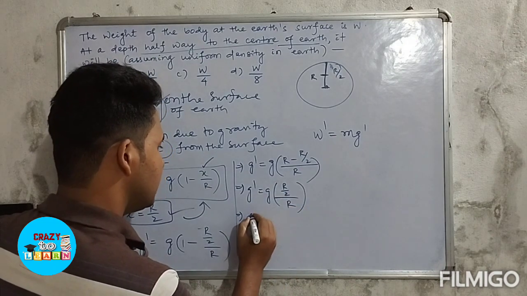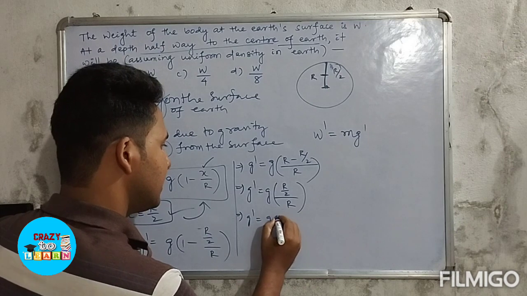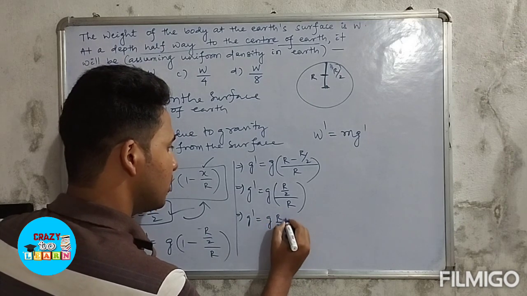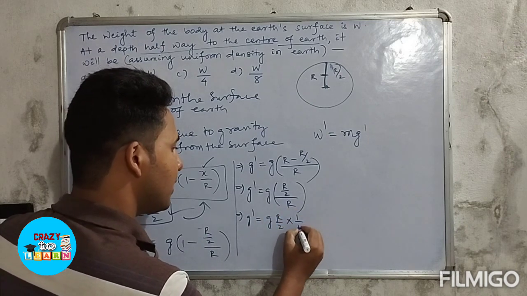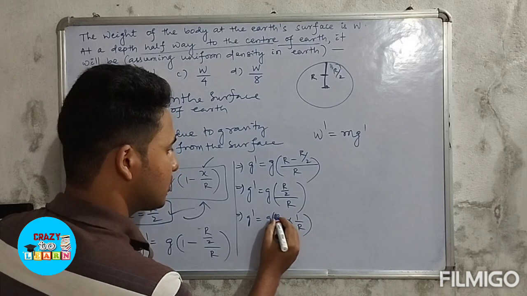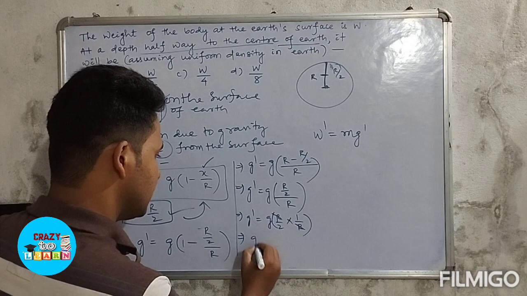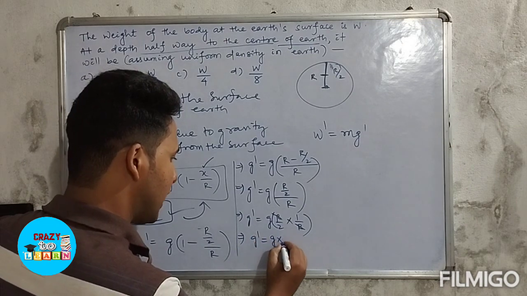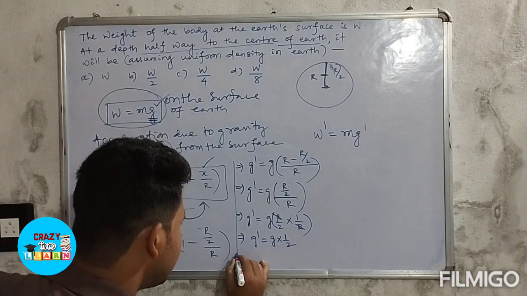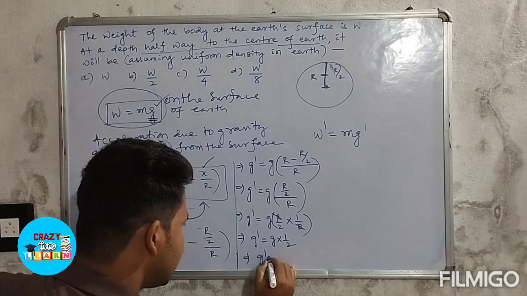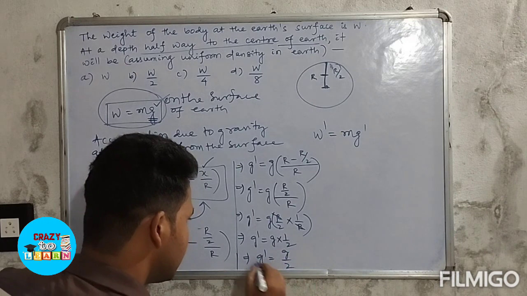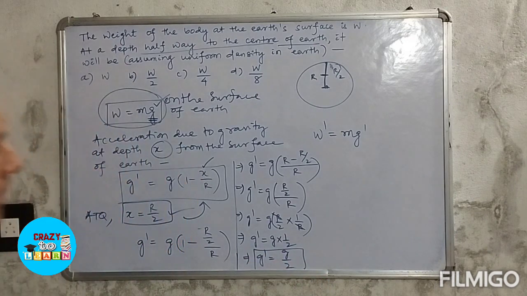So g dash is equal to g into r by 2 multiplied by 1 by r. The r cancels, so half. So g dash is equal to g into half, g dash is equal to g by 2.